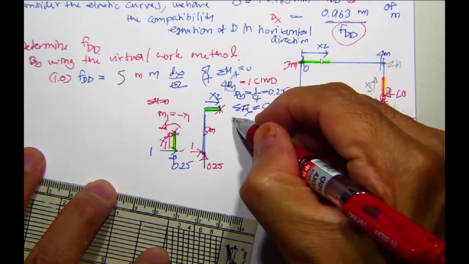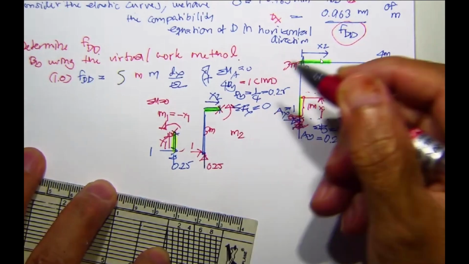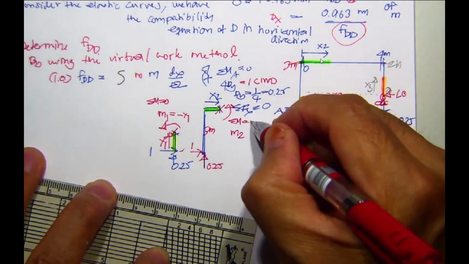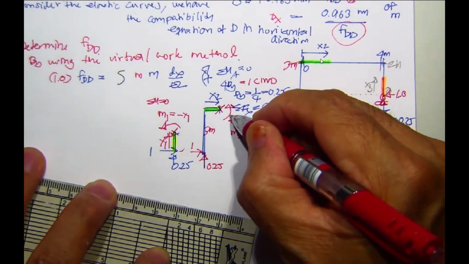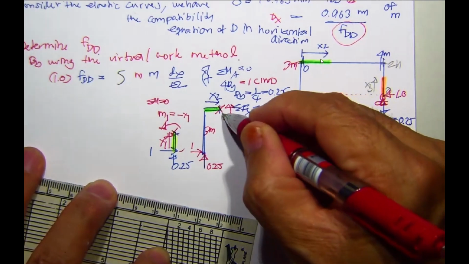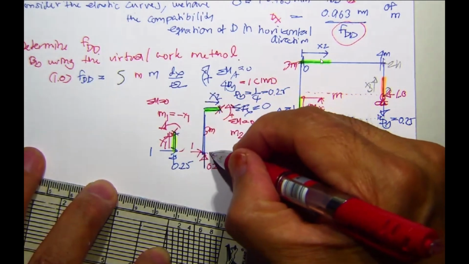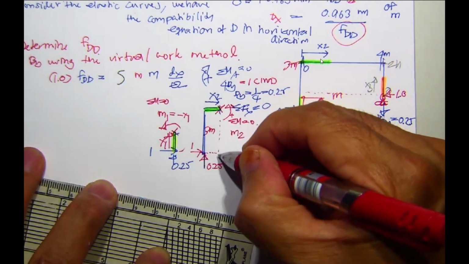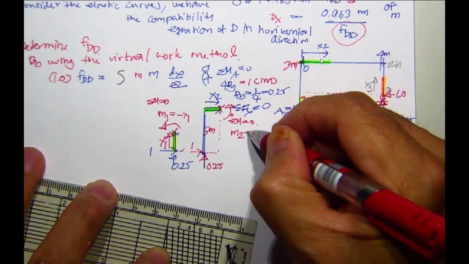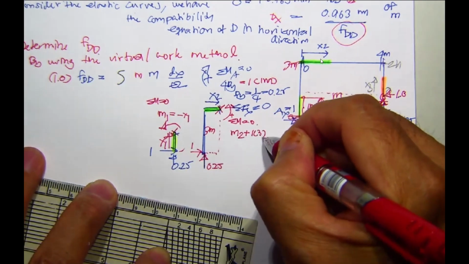Just take the moment over here. Put this one for M2. Summation of the moment over here to be 0. This is positive. So M2 rotates in this direction, 1 unit. Okay. Rotate in the same direction, plus 1 times 3.